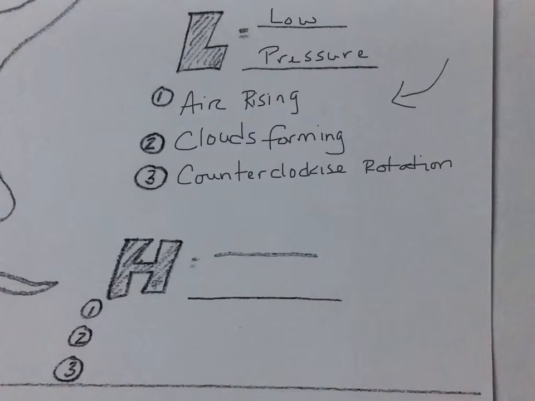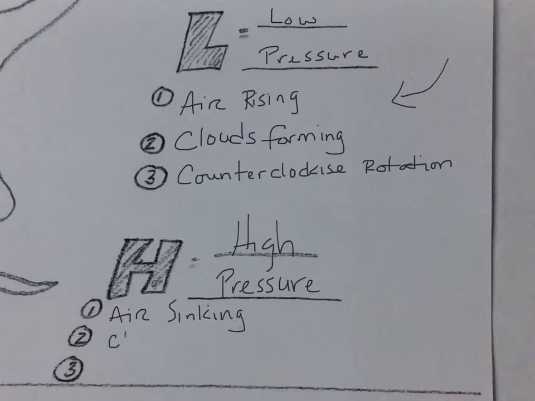The other type of pressure that we have to talk about today is high pressure. Those are signified by big block capital H's, and they are blue on a weather map. There are three associations with high pressure. The first is that air in high pressure is sinking. If air is sinking, we can't have clouds, so we have clearer skies.